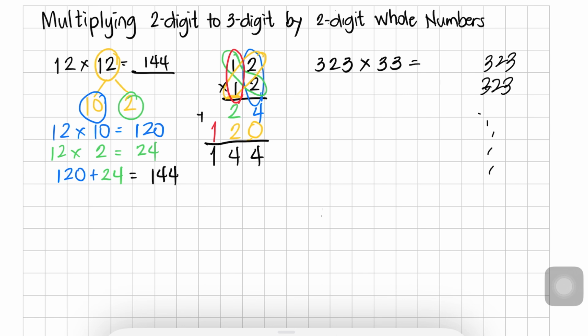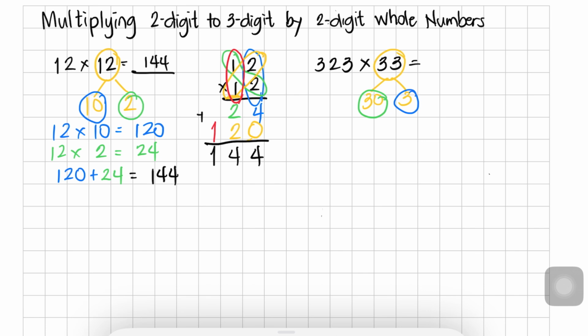So I will not be showing repeated addition anymore, but rather, I'll show you number bonds again, just like the one earlier. So for number bonds, I'll be splitting 33 into 30 and 3. And then I'll be multiplying 323 to each, 30 and then 3.